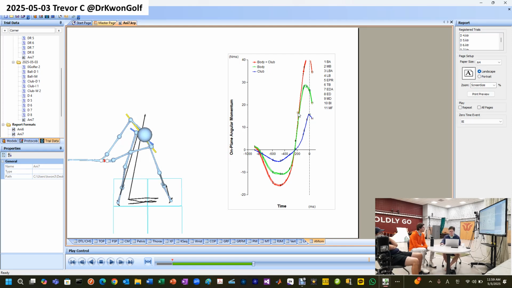So if this is the kids, and if it's you here, your goal is to save enough money during the early part of the downswing. And then here, you have more capacity, so you can give more to your kids, and your kids will gain a lot here by the time you reach impact. But your body gained a lot of angular momentum, and it's not really giving up much. So that's why the club is not gaining that much. That makes sense. Okay.